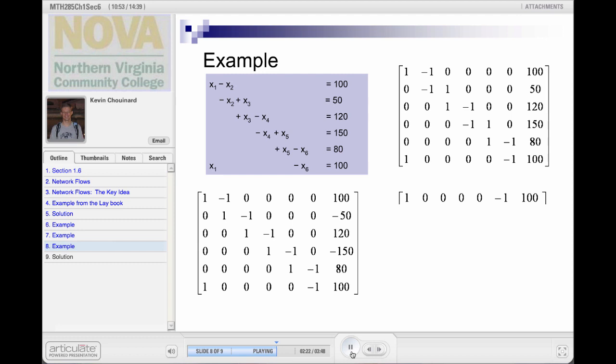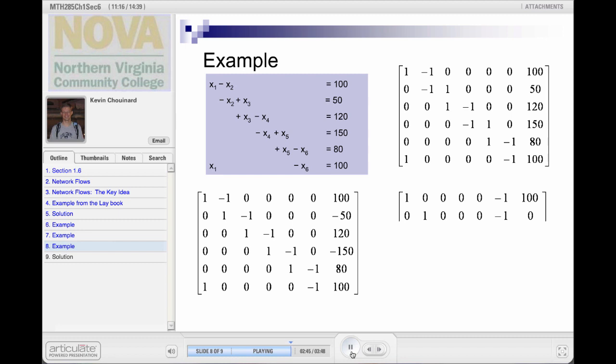Okay, to get the next row, add rows 2 through 5. And when we add rows 2 through 5, you're going to have a similar sort of telescopic effect where in the middle you have 1s and negative 1s canceling each other out, with the end result here being this row 0, 1, 0, 0, 0, negative 1, 0.